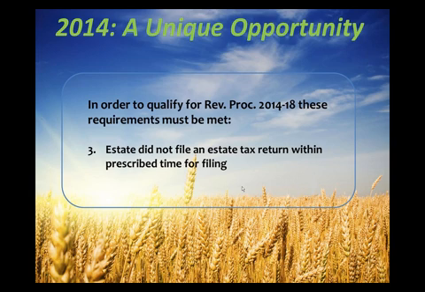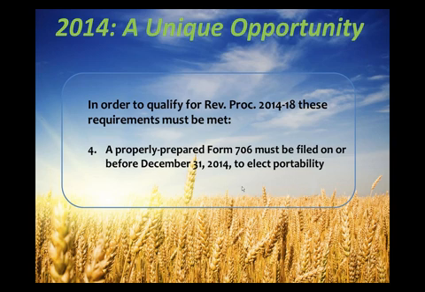It would have had to have been that the estate was unaware that portability could be claimed. And also another requirement, which we've mentioned, is a properly prepared Form 706 must be filed on or before December 31st, 2014 to elect portability of the unused exemption amount.